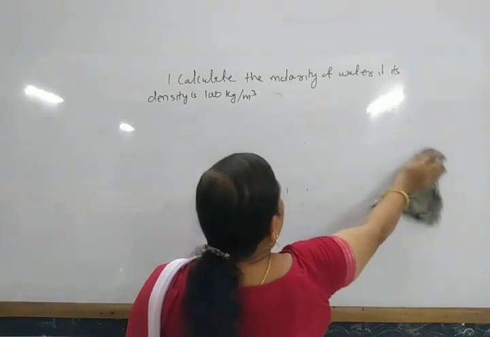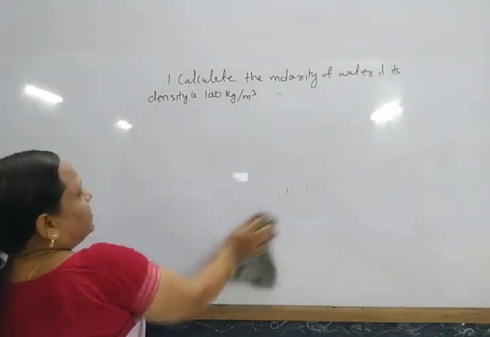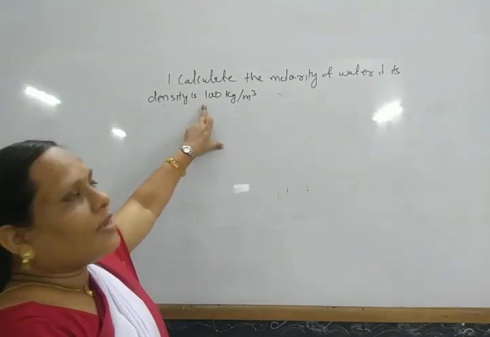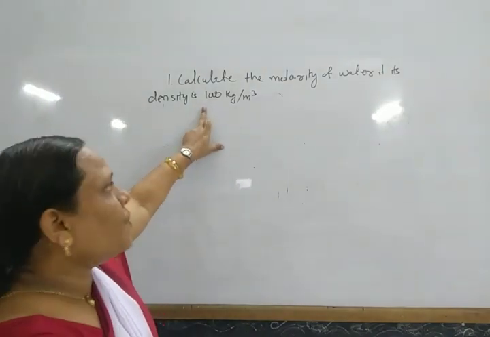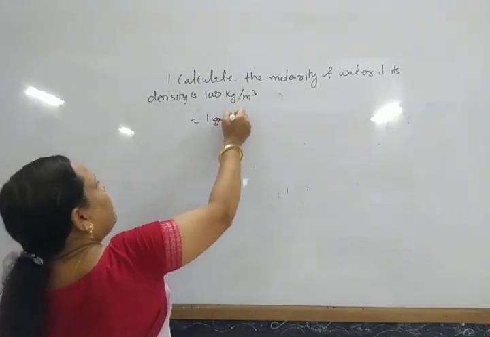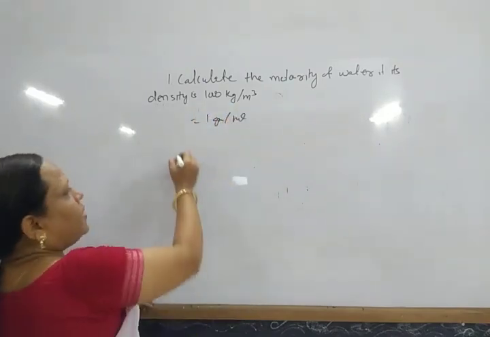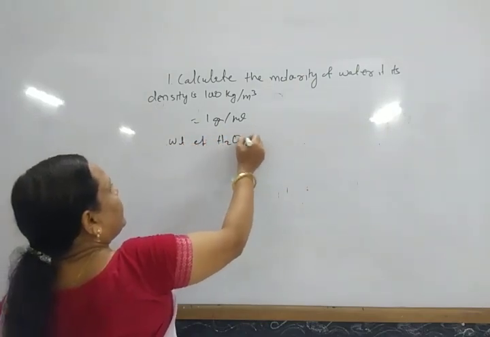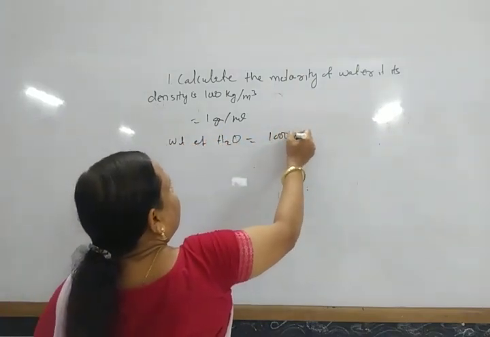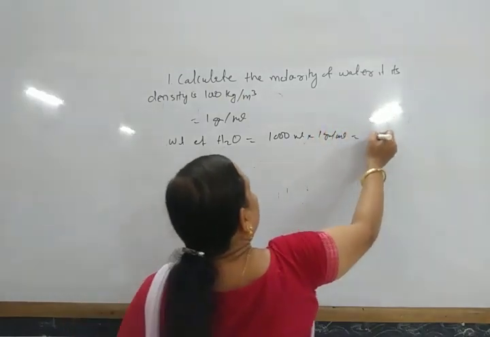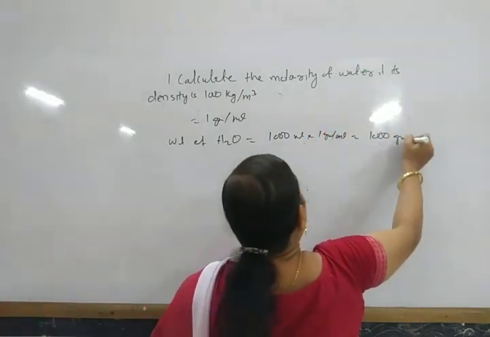Calculate the molarity of water if its density is 1000 kg per meter cube. If it is given as 1000 kg per meter cube, then in grams per ml this is 1 gram per ml. Now the weight of water is 1000 ml into 1 gram per ml, that is 1000 gram.